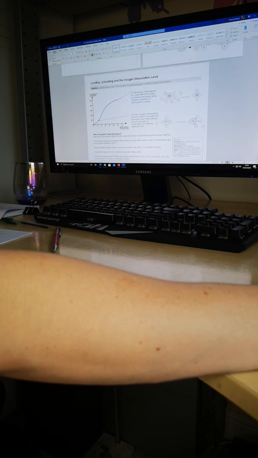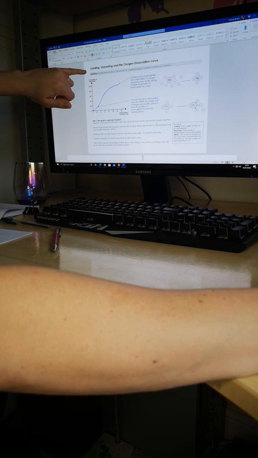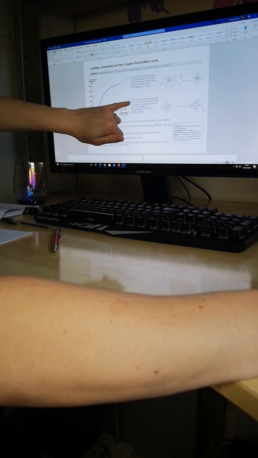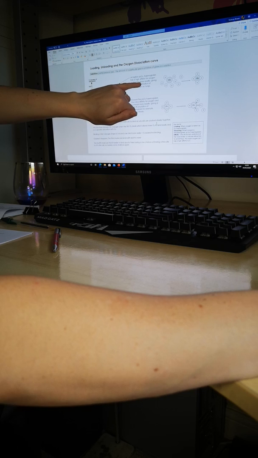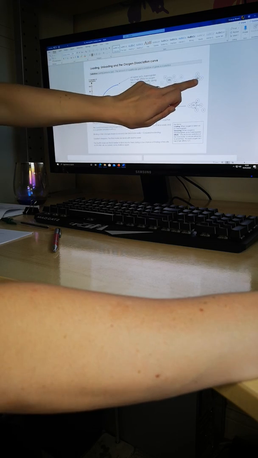So then we summarise that in the graph for you. At high partial pressures of oxygen, haemoglobin has a high affinity for oxygen, and so it loads it more readily, so it binds to it more readily.